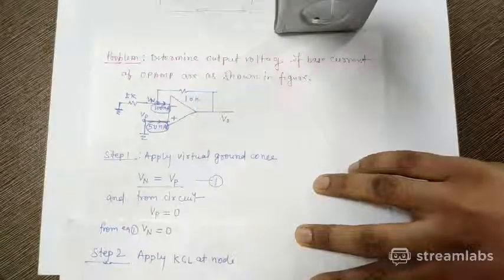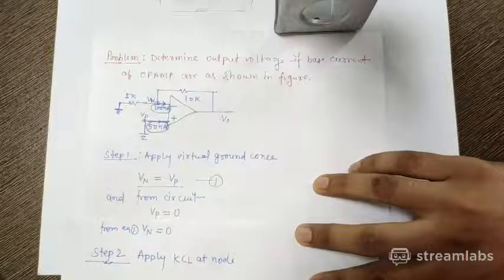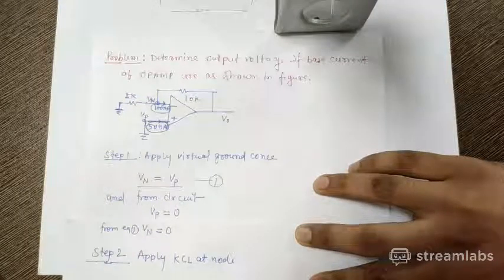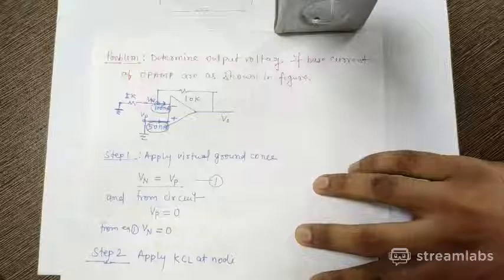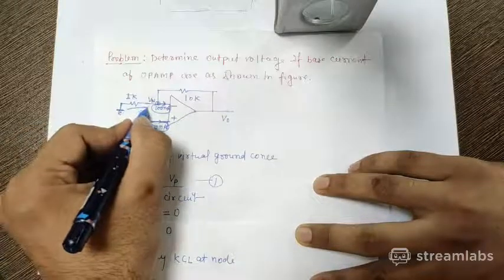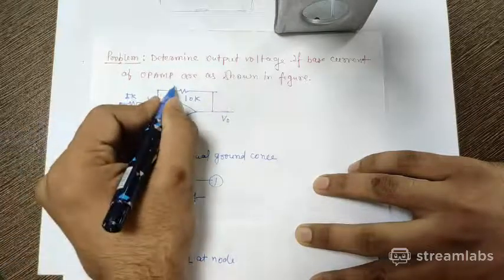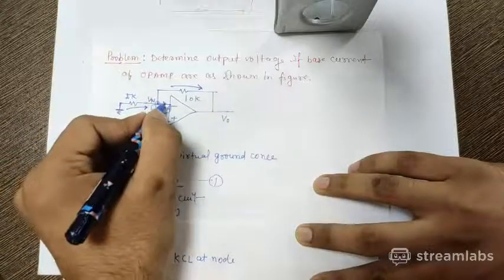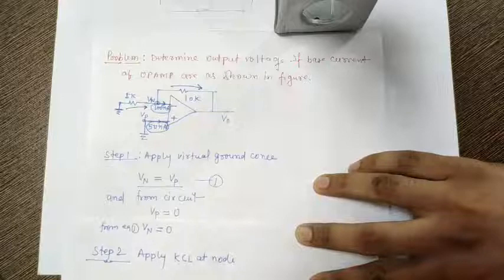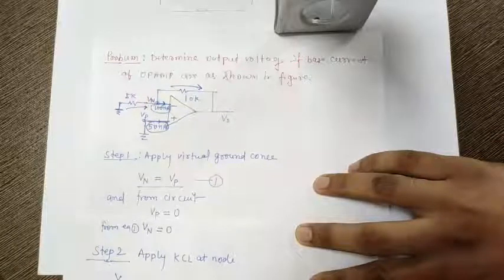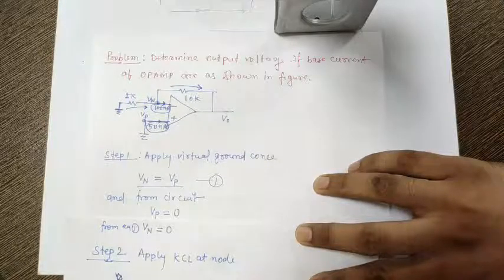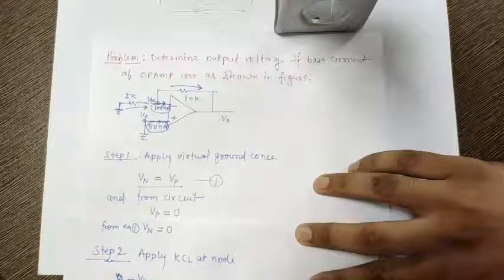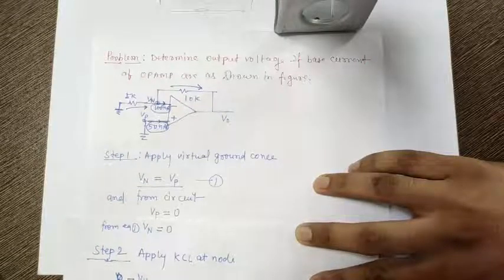So here I can say that the current coming into the circuit is from here, and the current going towards output and this side into the OpAmp. So the current coming will be VA, you can say 0 minus Vn upon 1k.